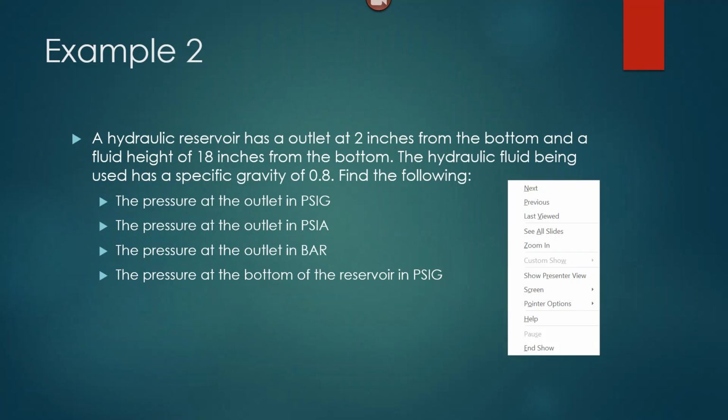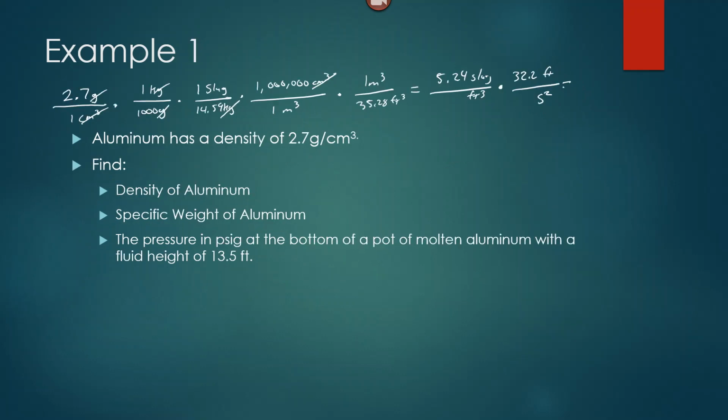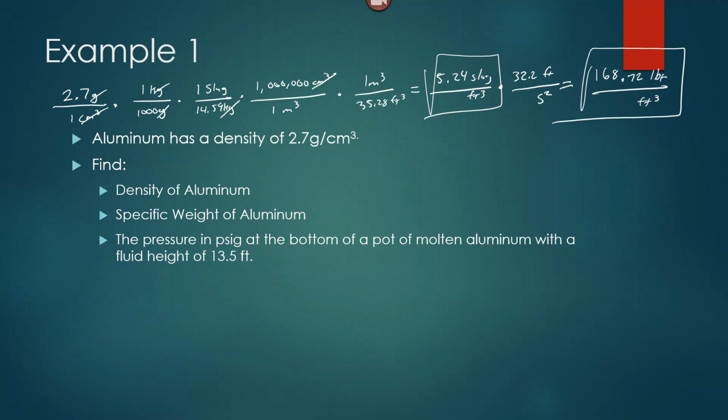And we're going to get a specific weight of 168.72 pounds force per foot cubed. So we found the density and specific weight. Here was the density. Here's the specific weight.